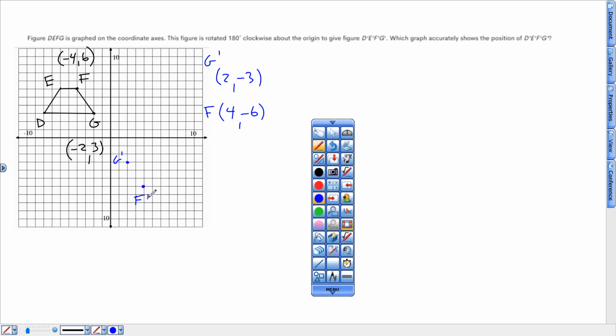And if I do the other ones there, I will see that the new D will be right here. Again, upside down. The new E will be right here. Upside down. When you do a half turn, they end up across from each other upside down. Only quarter turns get this sideways looking look to it. Otherwise, it's upside down. All right, next problem.